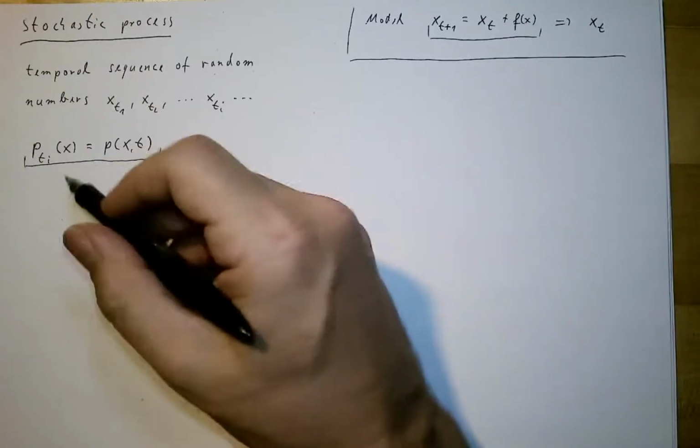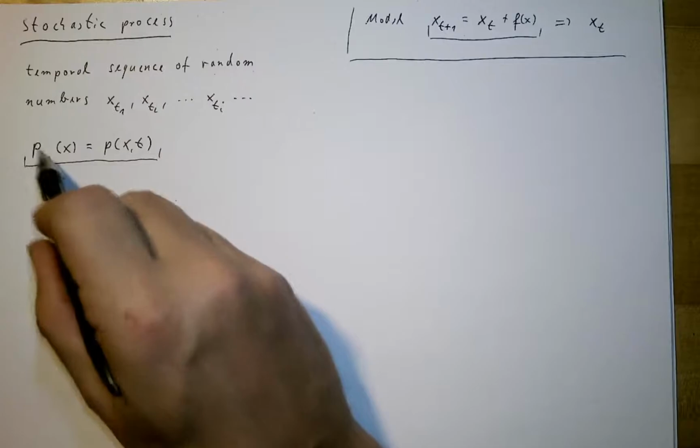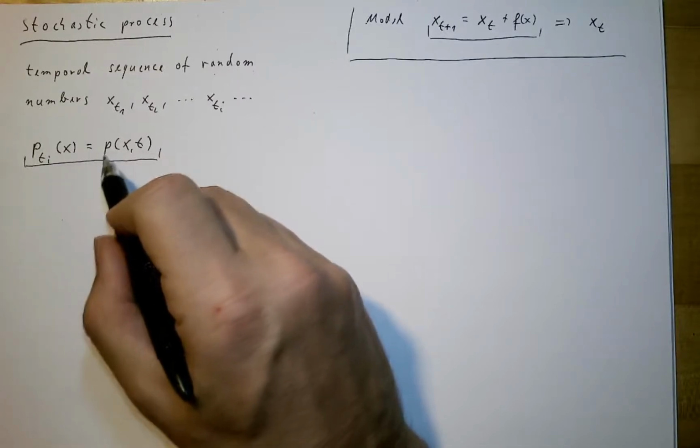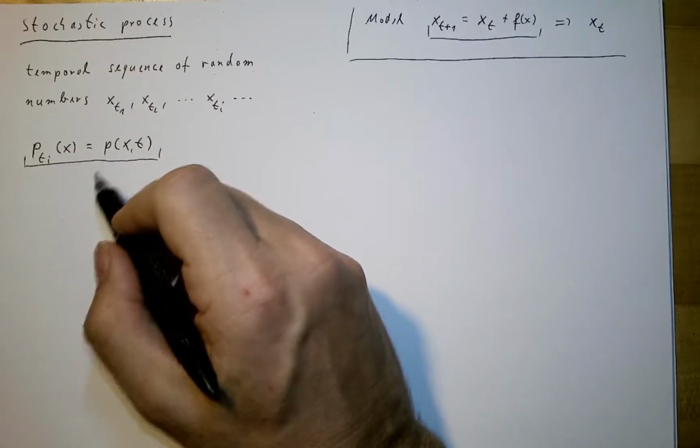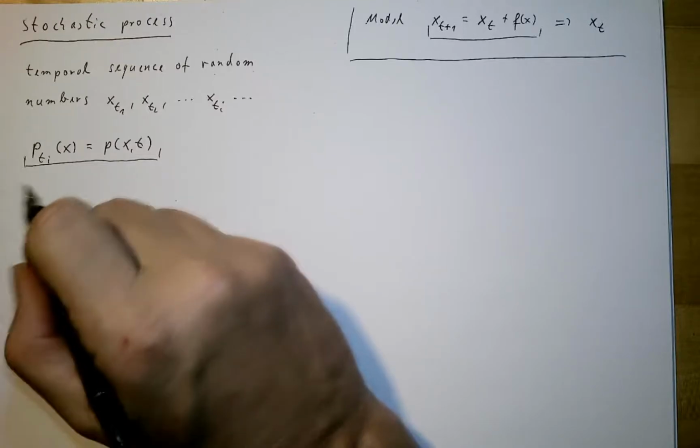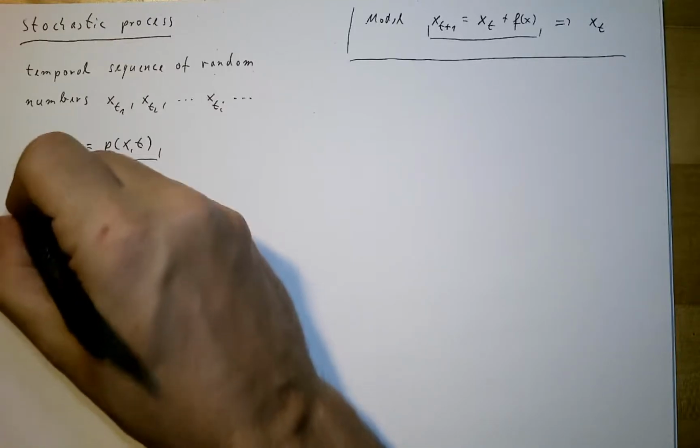So the model is a change, and the solution is the dependence for all time points. And the problem of solving a model is to go from the difference equation to the full solution. Something similar we have here also. If we had this time dependence of the probability distribution, we would have more or less solved our system. But very often we just have a joint distribution.